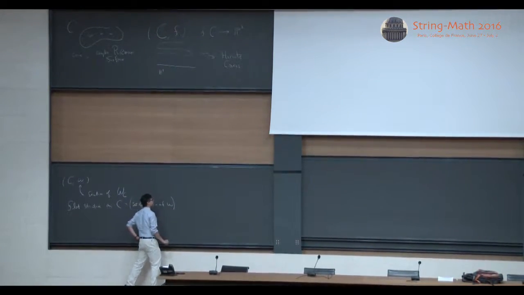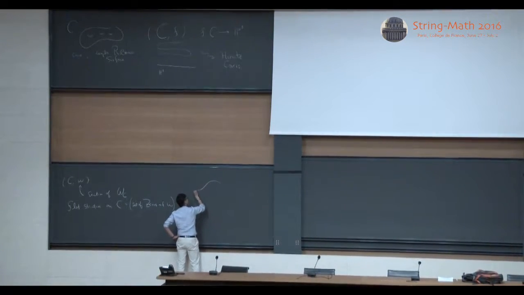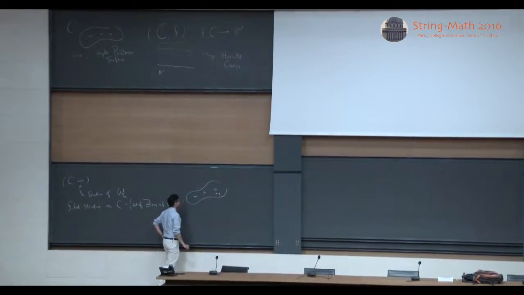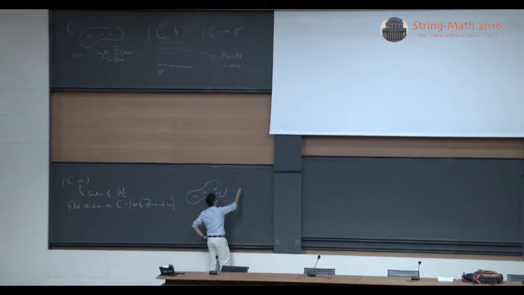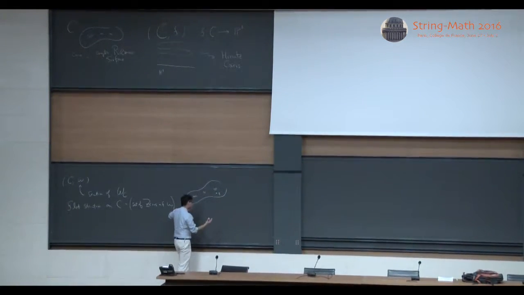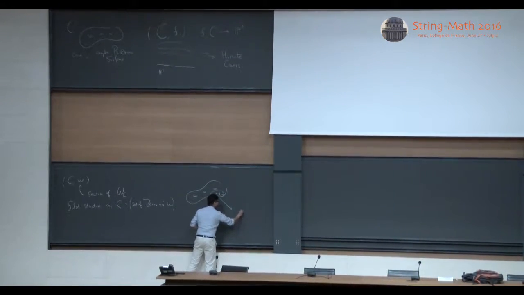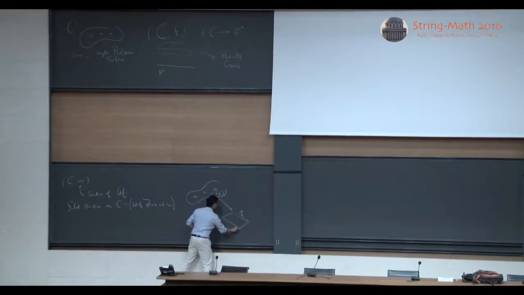And how does this work? So here's my Riemann surface. And if I pick some point that's not a zero, then, so a Riemann surface, because it's a complex object, it has some charts. So around any point, I can find some kind of chart in the complex numbers.